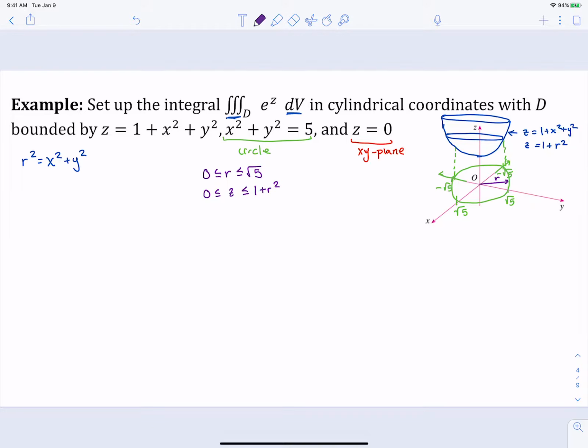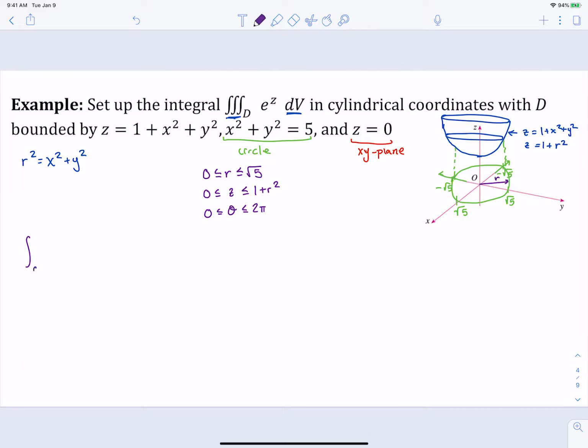We want to get rid of all of our x's and y's. Z does get to stay when we're in cylindrical coordinates. And theta, because we're going all the way around, we didn't restrict that we only wanted to look at, say, positive x values or positive y values, we're going to go all the way around that circle. So theta is going to go from 0 to 2 pi.